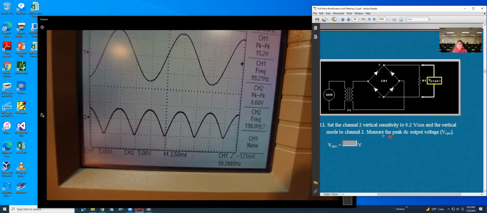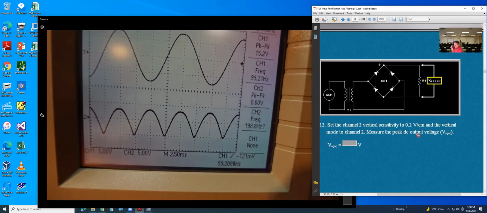And now set channel 2 vertical. Now I don't care about that one. What they want is to measure the peak DC output voltage. You want to measure the peak voltage here.